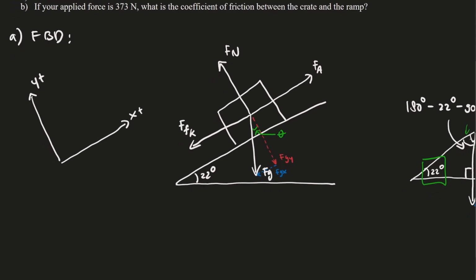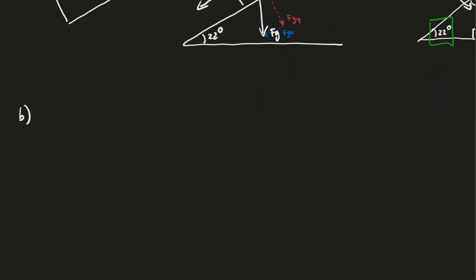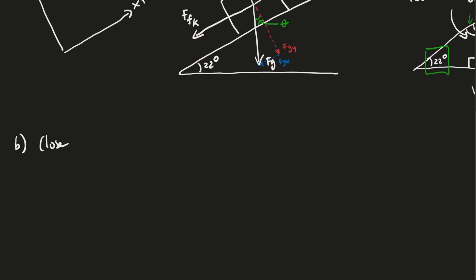Let's actually redraw the setup to the part we want here. Our focus is to break down the force of gravity, because the other forces do not need breaking down. Let's have a close-up of the force of gravity broken into components.